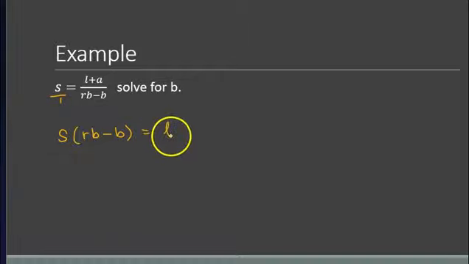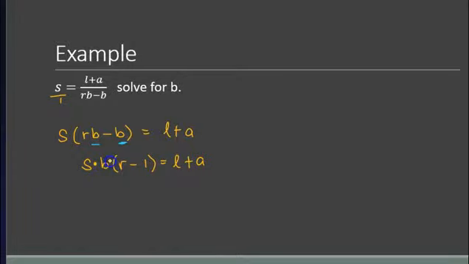Take note, you're solving for b, so I want to factor out b because you want to isolate b. Let's factor out b, factor out r minus 1. Then look at what we have now.